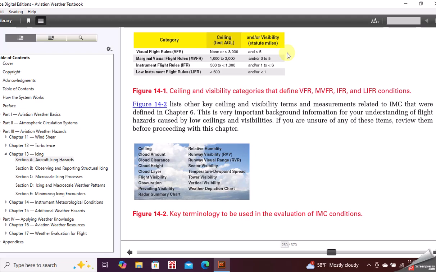So you're in the cloud layer. If you're flying visual flight rules, you can easily get disoriented, not know which way's up or down. So these are all issues at visual flight. That's why people flying VFR need to avoid these significant cloud layers. They need to have some references to know where things are.